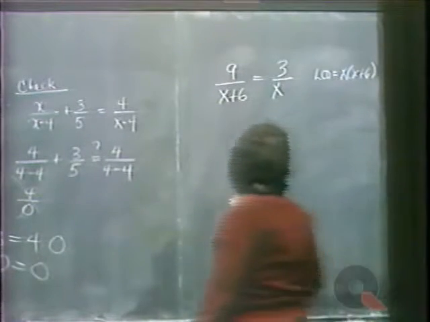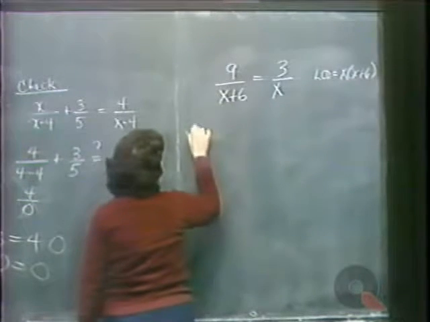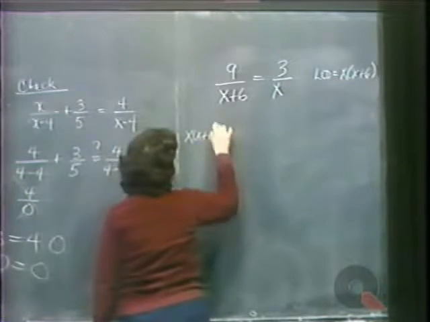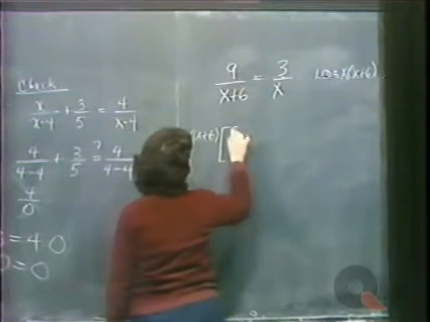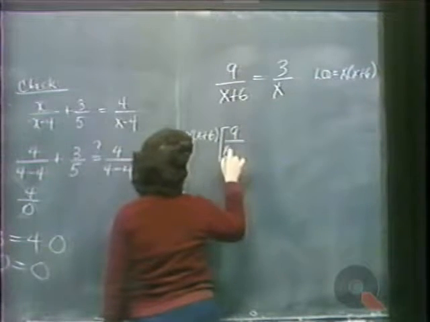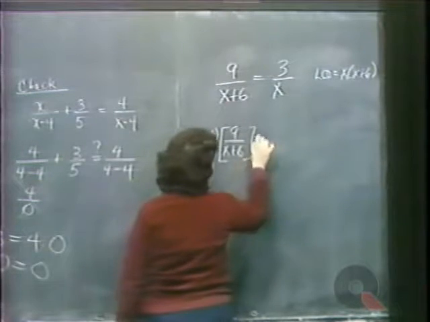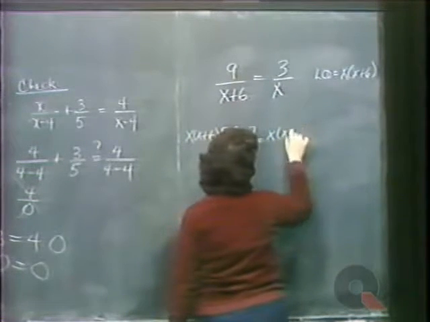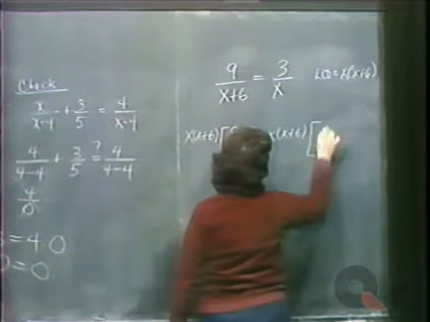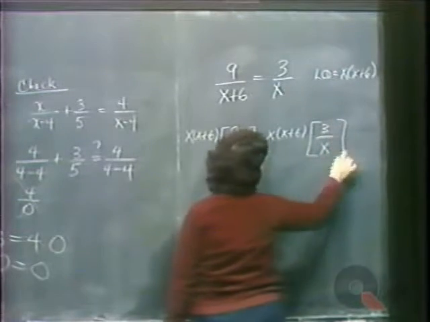Okay, we multiply both sides of the equation by x times x plus 6, and we get x times x plus 6 times 9 over x plus 6 equals x times x plus 6 times 3 over x.